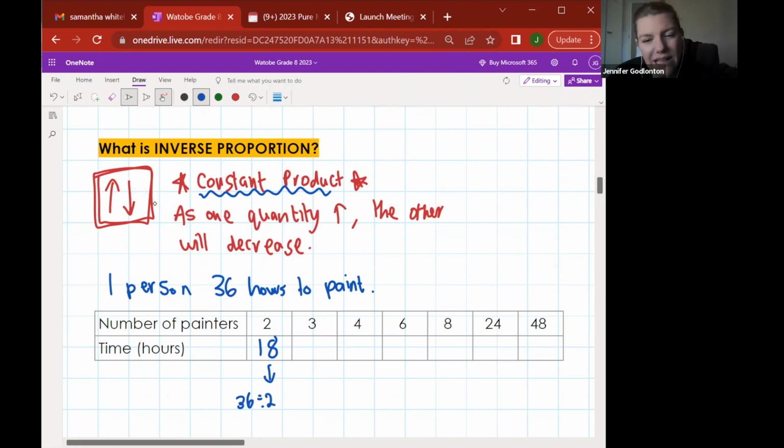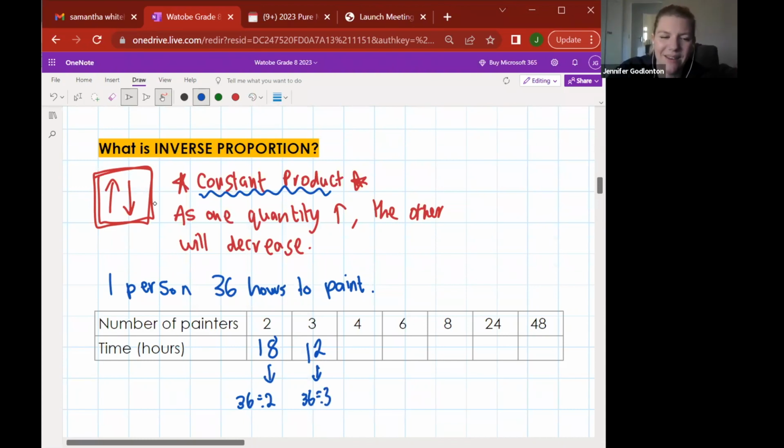Okay, so using that logic, how long do you think it would take 3 people to paint that house? 12. Beautiful. How long do you think it would take 4 people to paint that house? You guys are smashing this.